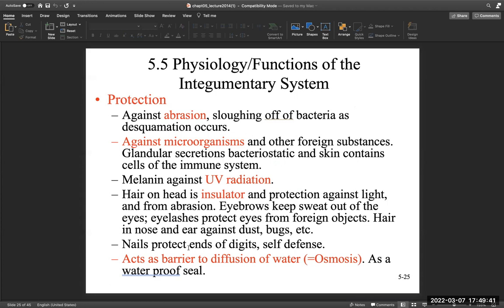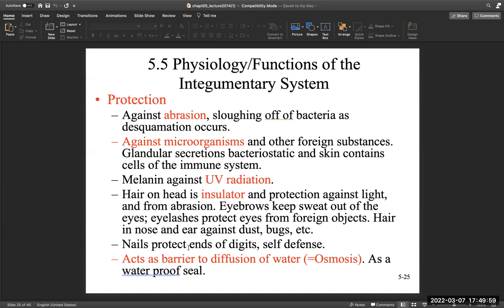So when we talk about protection, the multiple layers of cells, including even the keratin above it, is going to be used as protective against abrasion, rough forces that can shear the actual cells away from the lower regions.